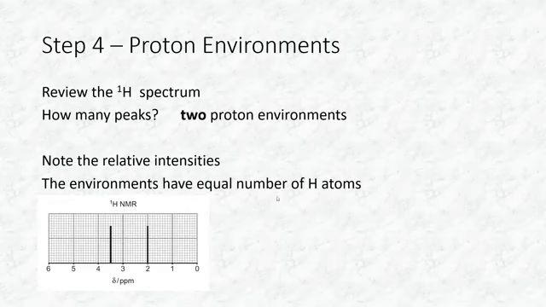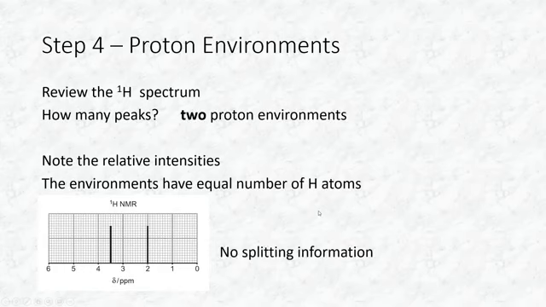And again, we can see that they are the same as each other, and therefore each of these 2 proton environments has the same number of protons. We have no splitting information in this spectrum, so we don't have that to help us, but it perhaps makes it simpler to answer the question too.